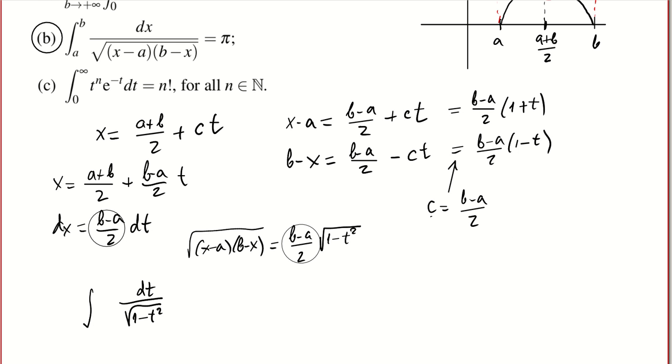If you make x equal to a here, you have 0 here. And in order to get 0 here, you have to take t equal to minus 1. So the lower limit is equal to minus 1. The upper limit b, if you make x equal to b, then this is 0. And for this to be 0, t must be 1. So what you have here is 1 as an upper limit.